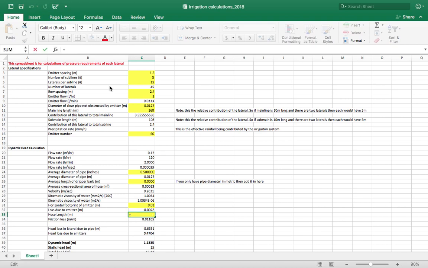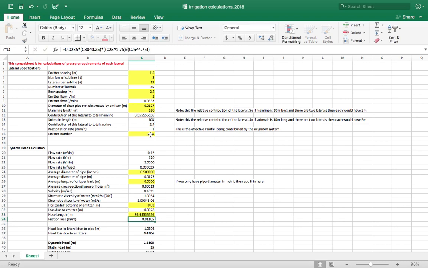Equals subline contribution plus mainline contribution plus the length of the lateral. I suppose we can just do it as the emitter number multiplied by the emitter spacing. It occurs to me that I've got the wrong emitter number there.